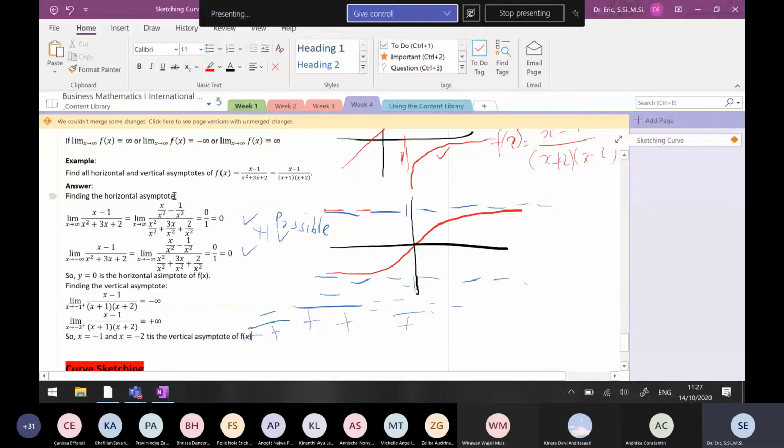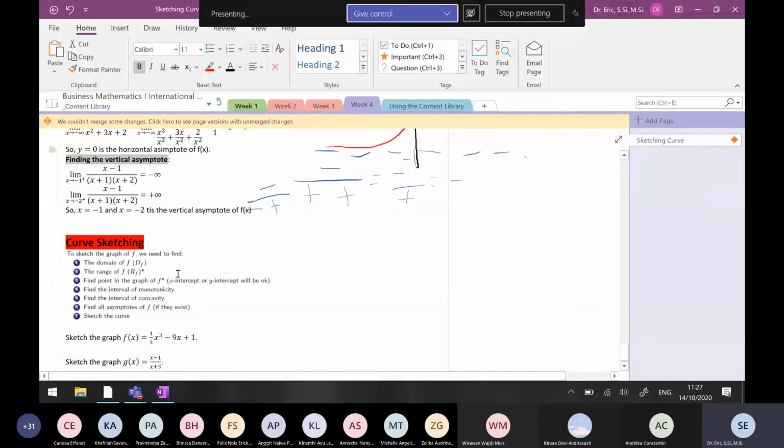Okay, so this is how you find the horizontal and vertical asymptote. Okay, if you don't have any question, this is the last part that we are going to discuss. That is the curve sketching. For curve sketching, you have to refresh your mind.